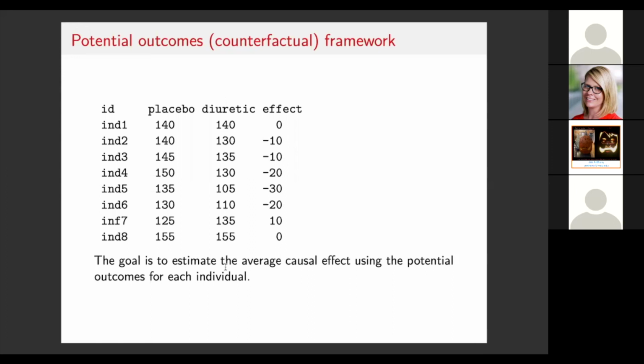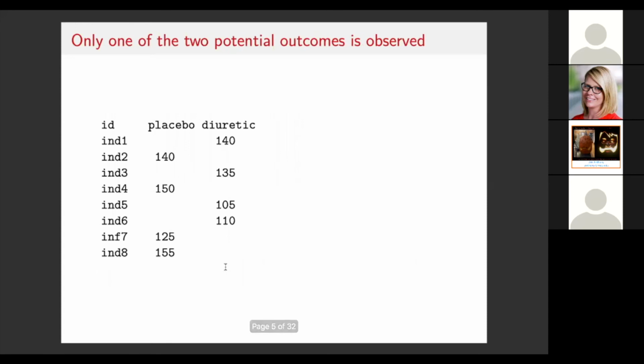So in other words, if you go through this process, this is one instance of your trial, this is another instance of your trial, and so on, on average, your estimate of this column will be the average effect of the placebo, and this would be the average effect of the diuretic, and the difference between the two would be exactly what you need to know.